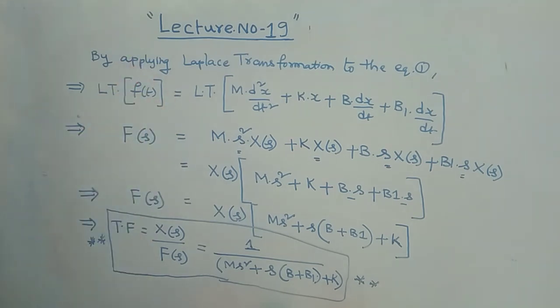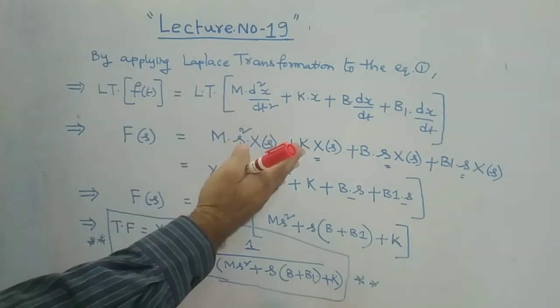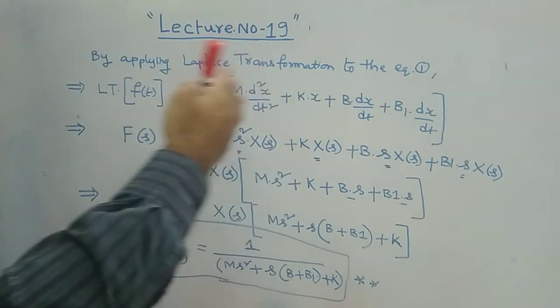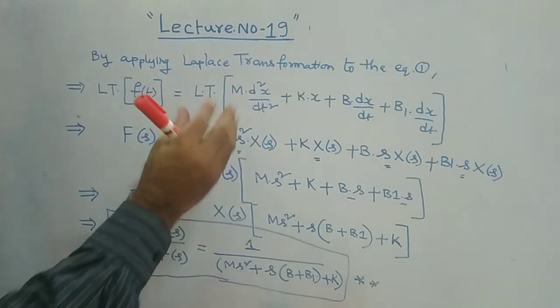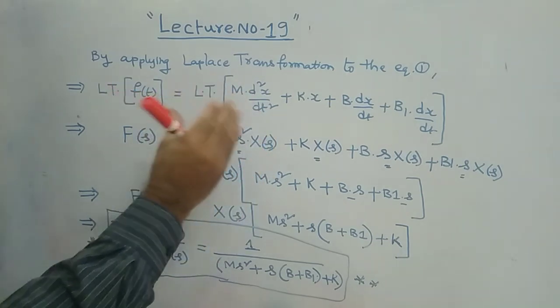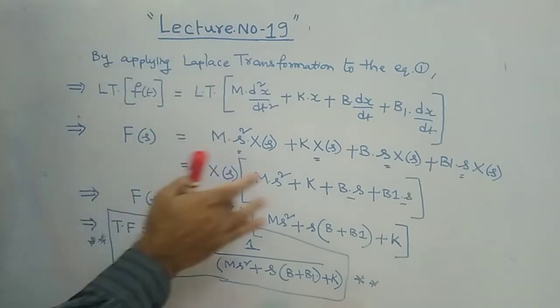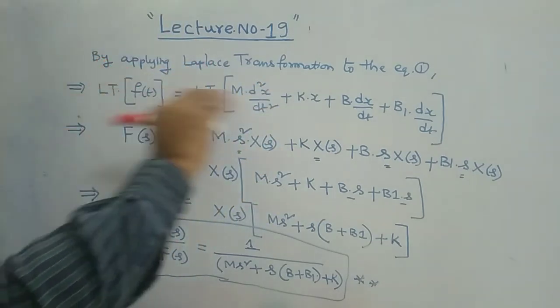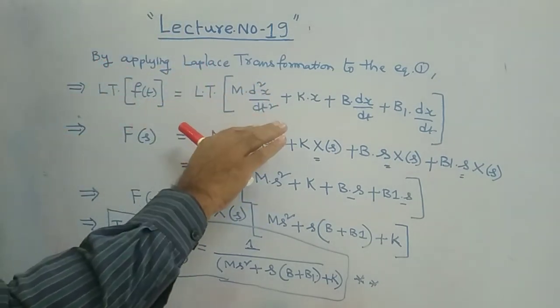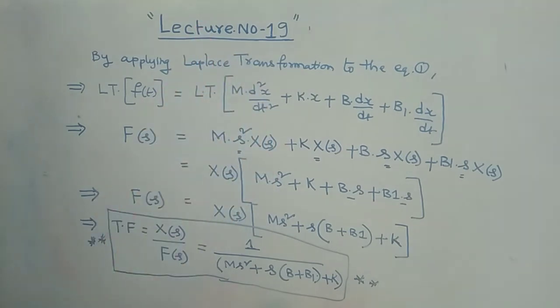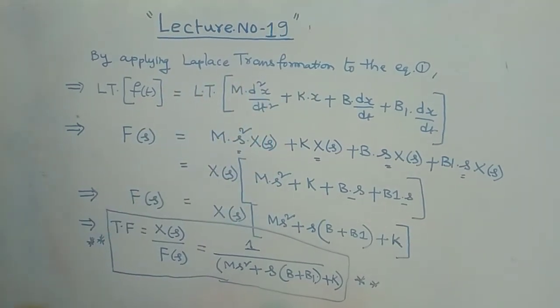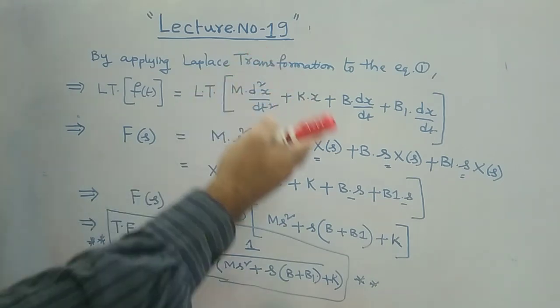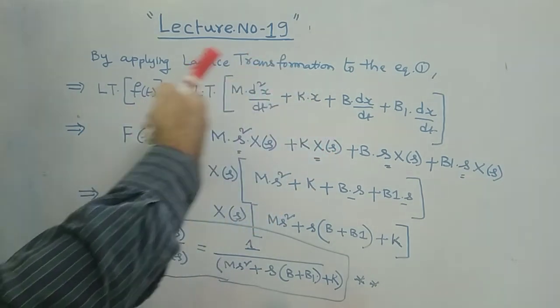Likewise, we have to find out. For any given problem, we need to draw the free body diagram. Free body diagram is nothing but a raw diagram. You just draw the block and indicate all the forces acting on that mechanical body, and then by applying Newton's second law, you write the force balance equation.